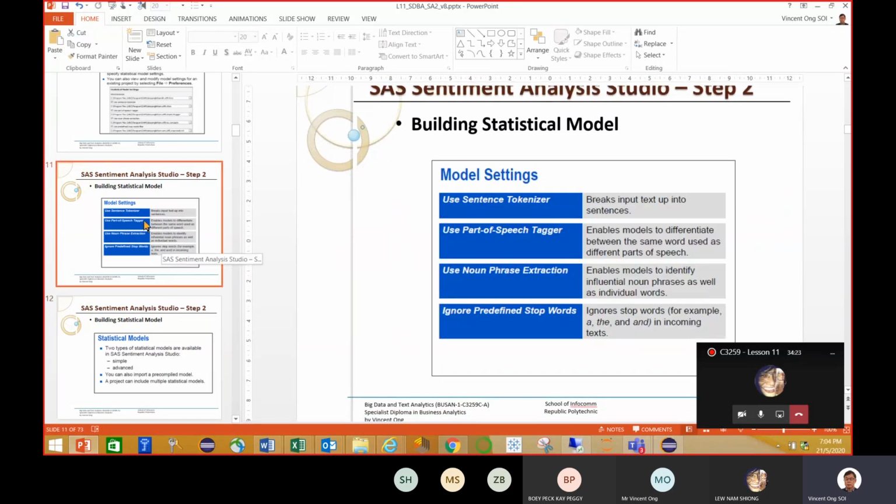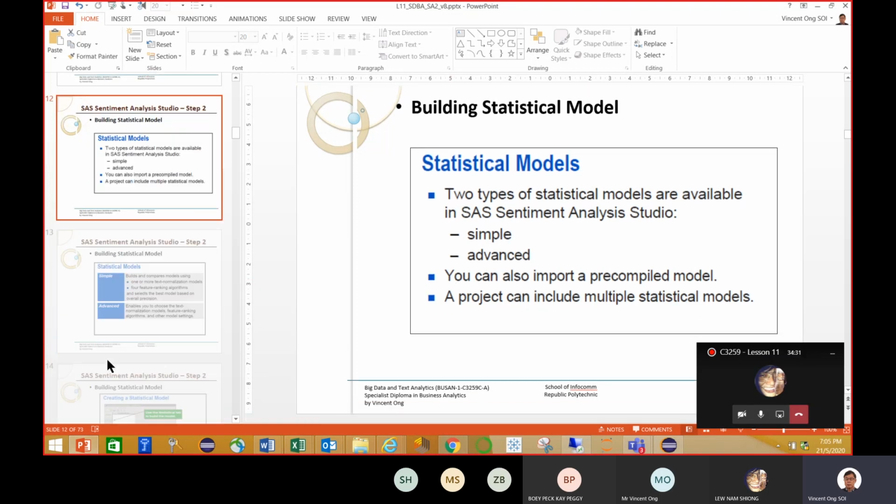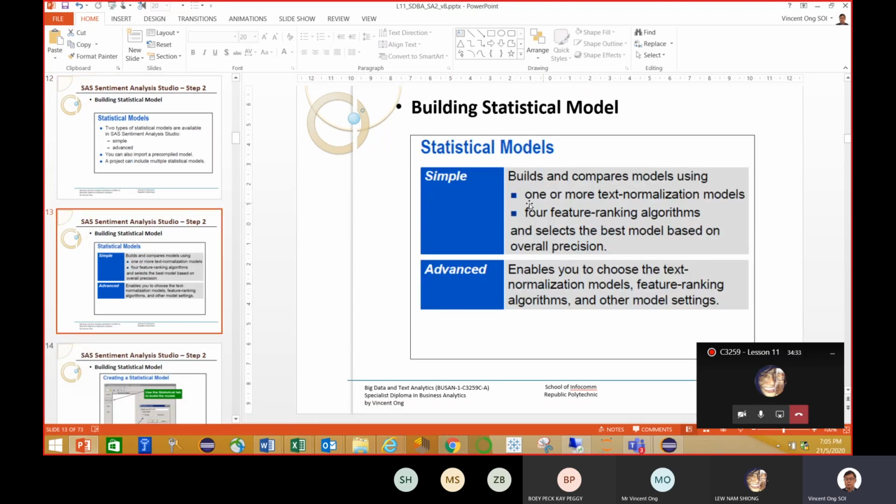So again, when you build a model for stats, you just keep it as default. Keep it simple. As you can see just now, whether you choose simple or advanced, there's not much of a difference. Now remember, when you talk about text normalization, we are trying to build that term by document matrix. The question just now was whether it is domain specific.